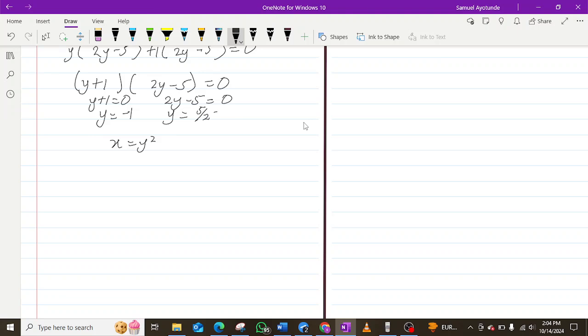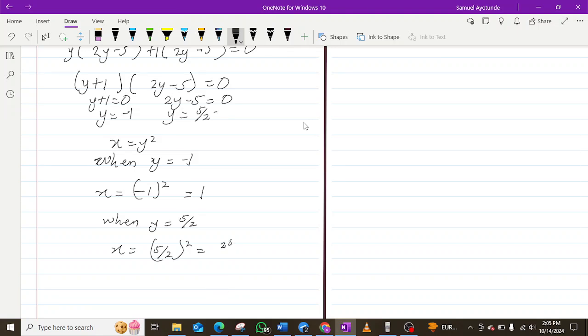So for the first one, when y equals minus 1, x will be equal to minus 1 squared, which is equal to 1. And when y equals 5 over 2, x will be equal to 5 over 2 squared, which is 25 over 4.